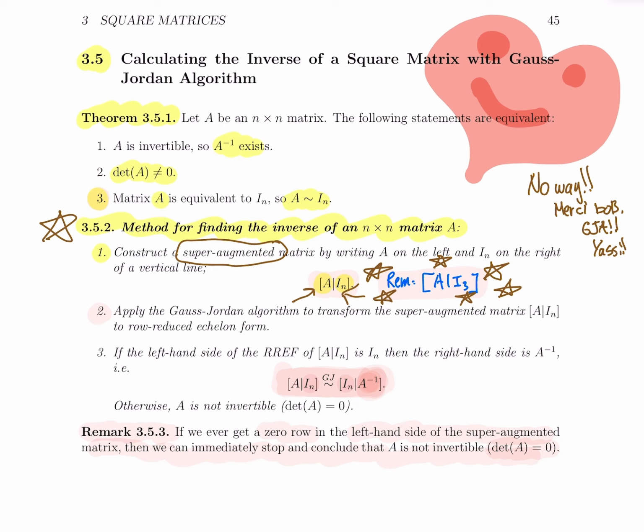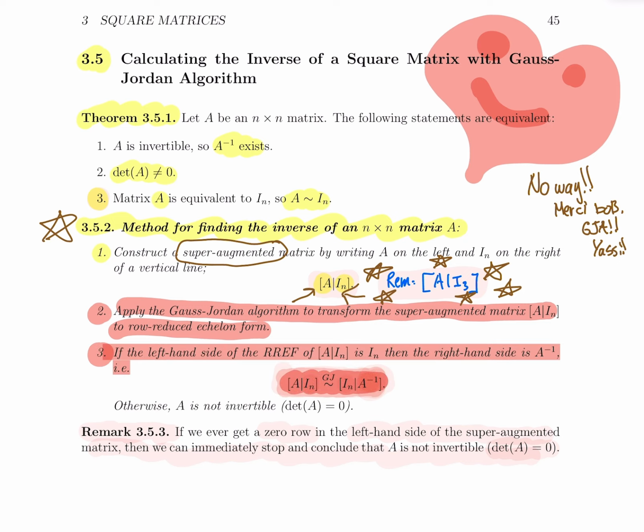Then once you have this super augmented matrix, you apply the Gauss-Jordan elimination algorithm on it. When A is invertible, so when the determinant is not 0, the reduced row echelon form of the super augmented matrix will always be such that on the left side you get the identity matrix, as predicted by the third point of this theorem.